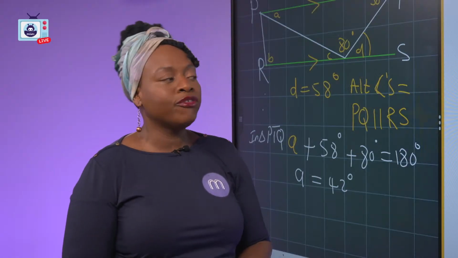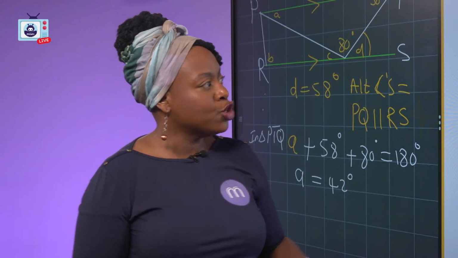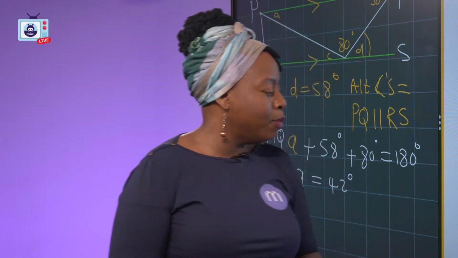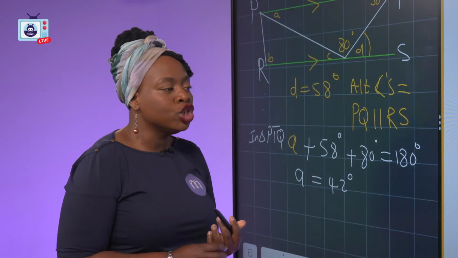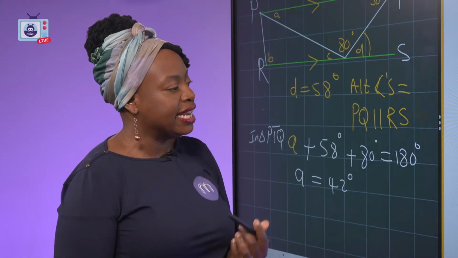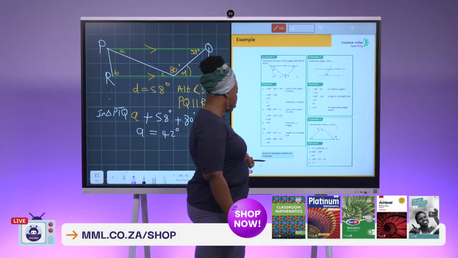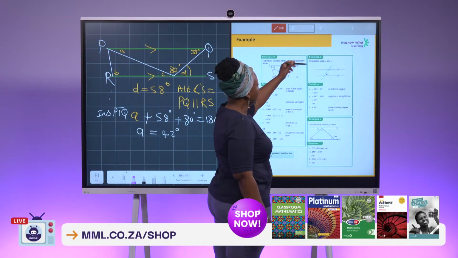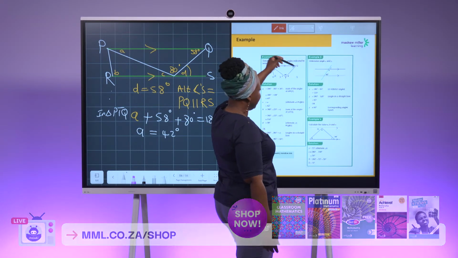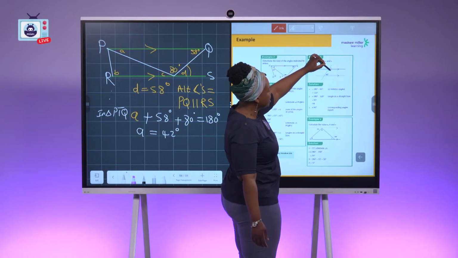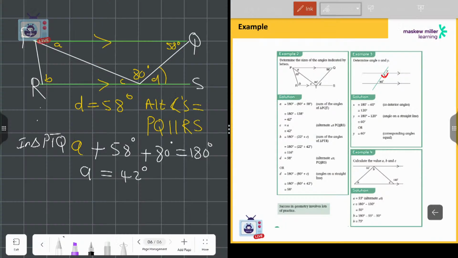The rest of the questions, I am very sure that you guys will be able to get to them, and you can then go to our Spot On and get many of these questions, right? If you look at the second one, it is a straightforward one, similar to what we have done. It does show that X there. For us to find X, we can use co-interior angles.